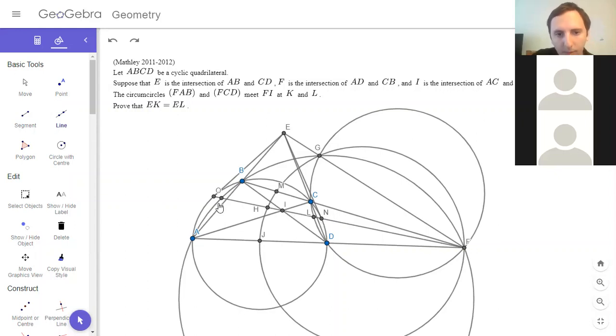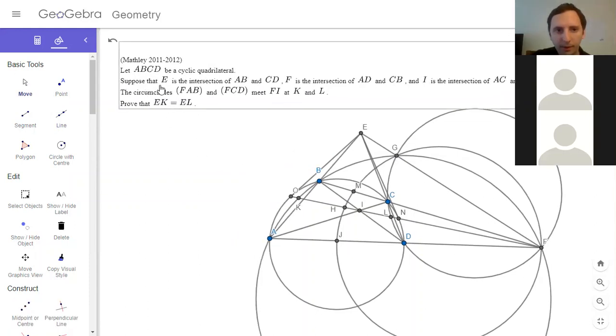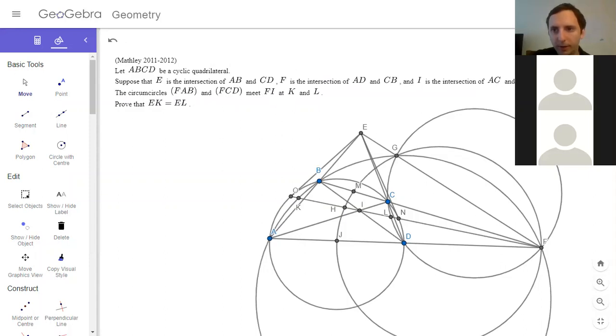Because by the power ratio lemma, the midpoint of KL is cyclic with J, F, and G. This is true basically by the power ratio lemma. So I'm going to write out the proof.